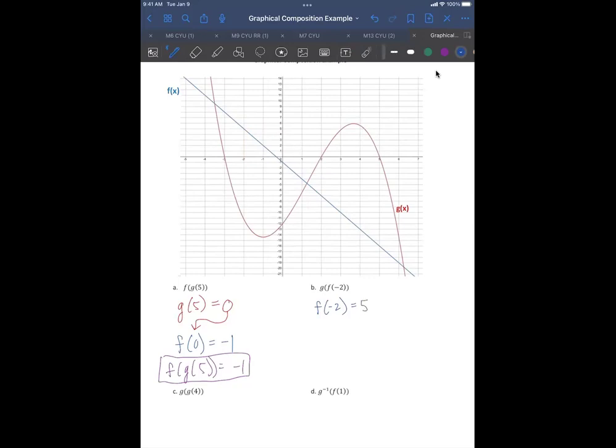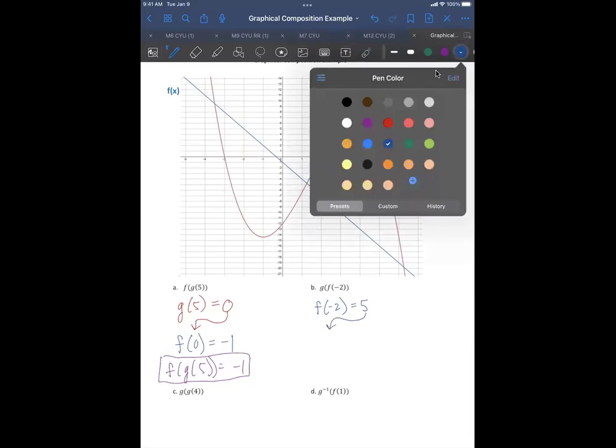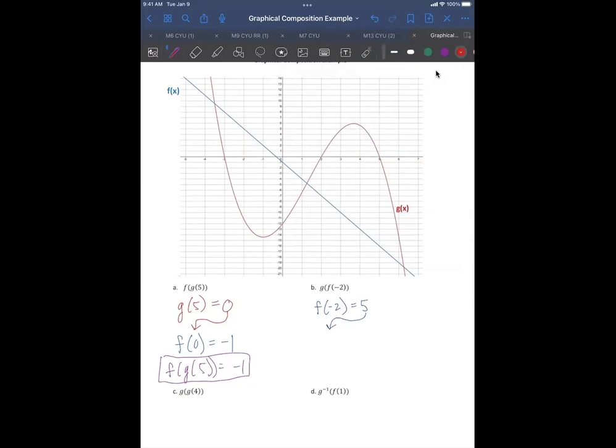Now, once you have that value, it's an output value for now, but then you take that output value and it becomes the input to the next function whose name happens to be g. So now we're going to do g of 5. And oh, we had to do this one a second ago. So now we're going to be using 5 as the input again. So 5 on the x-axis.